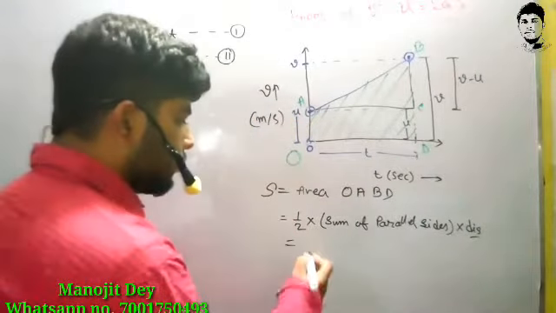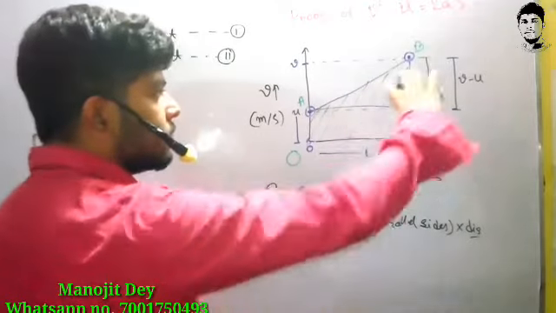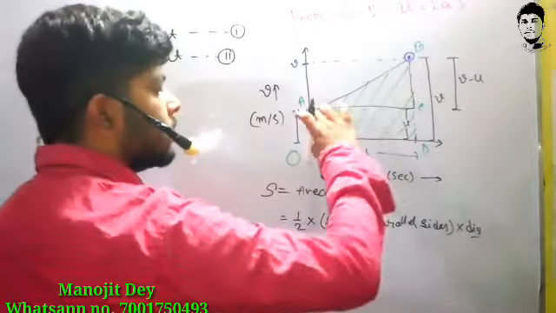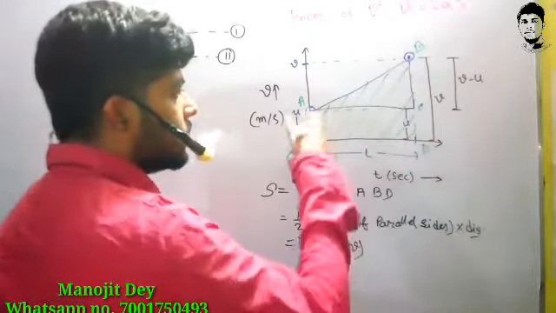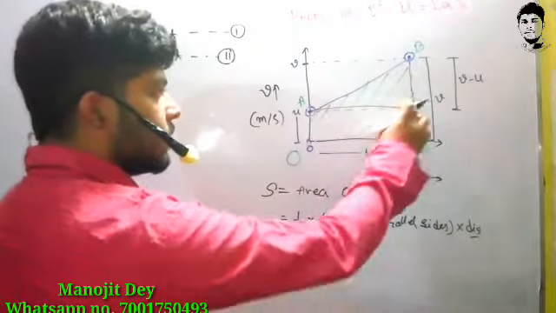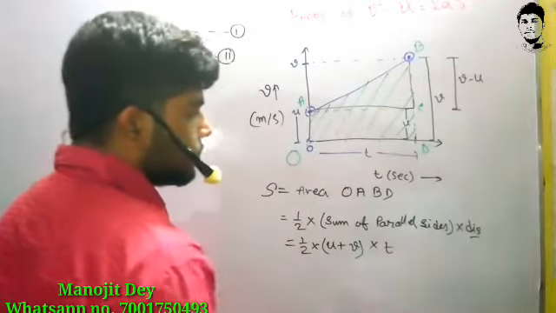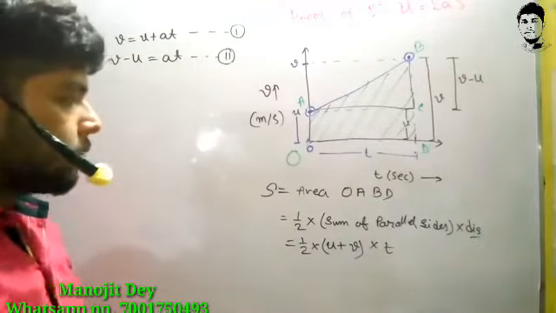What will be the sum of the parallel sides? One is u and one is v, right? And what will be the distance between the parallel sides? That means AC, so that will be t. So this will be the area of that trapezium.